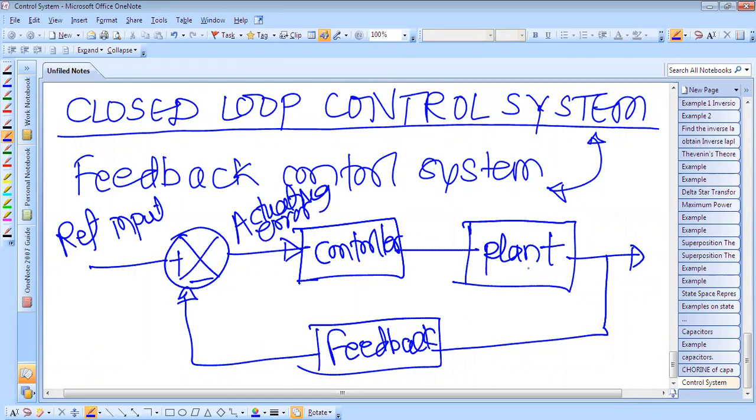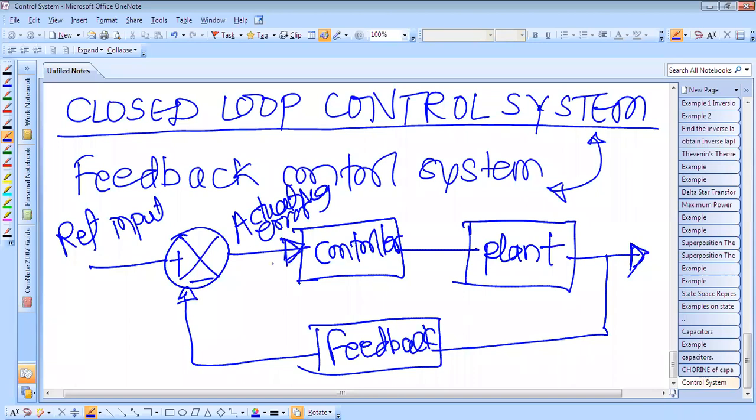The term closed loop always implies the use of feedback control action. Here the control action depends on the output, and that's why it is called a closed loop control system. Whatever the control action is in this controller, it depends on the output, which is taken and compared with the reference input.